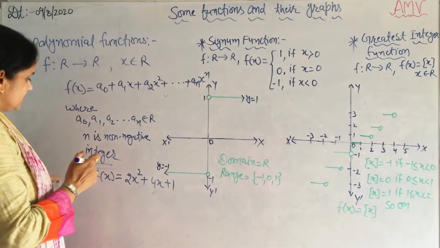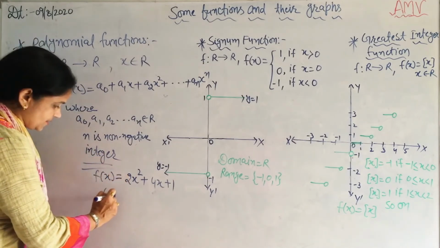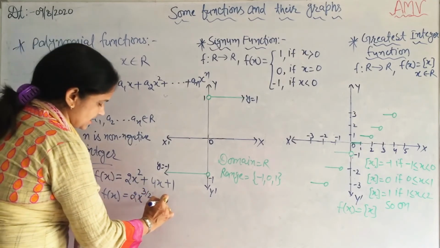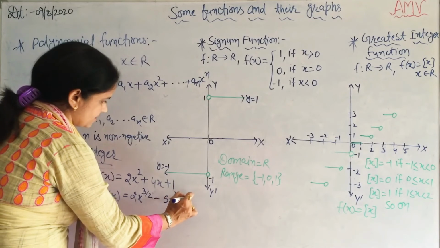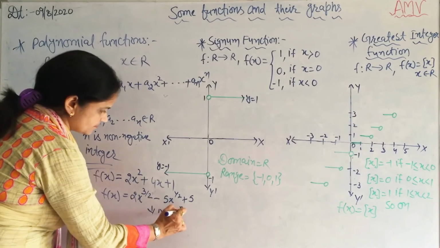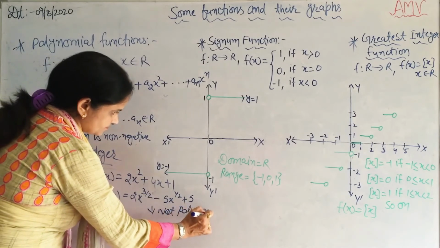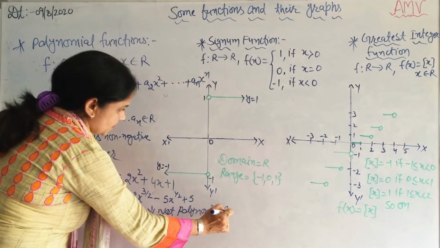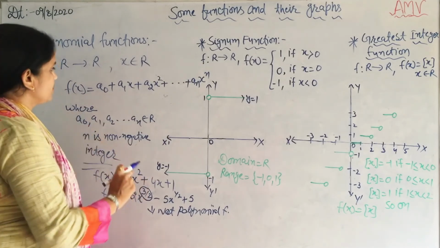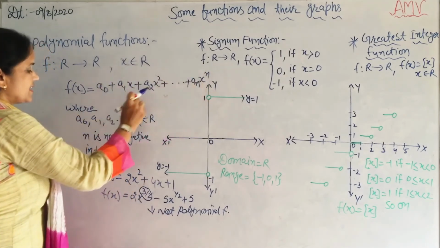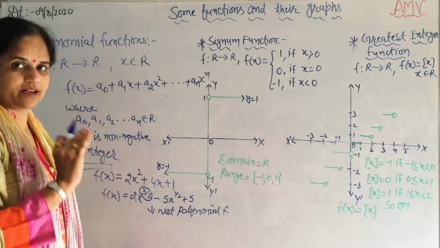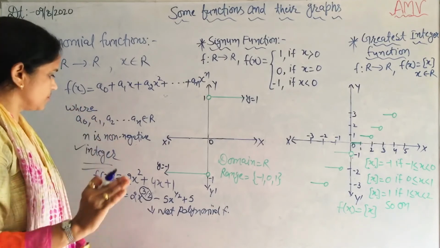And if the function is given as 2x power 3 by 2 minus 5x power 1 by 2 plus 5, it is not a polynomial function, since here n is 3 by 2. For a polynomial function, the power n is a non-negative integer, which means a whole number 0, 1, 2, 3 and so on.